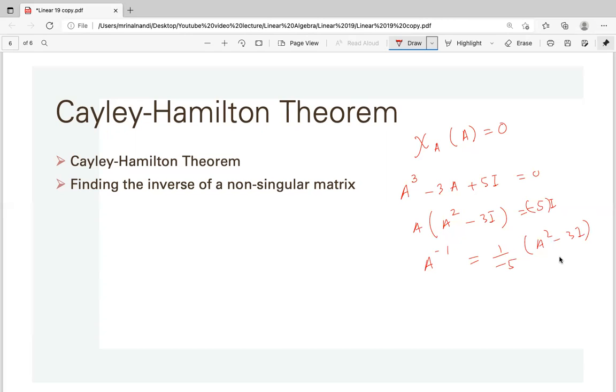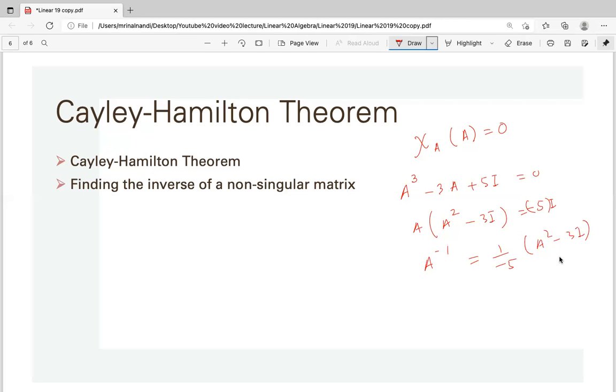Otherwise, if you can't find the minimal polynomial, you have to go with the Cayley-Hamilton theorem to find the annihilating polynomial. Once you have any annihilating polynomial, you can easily find the inverse. And we know that for finding the inverse with the adjoint technique or any other technique, much computing power is needed.